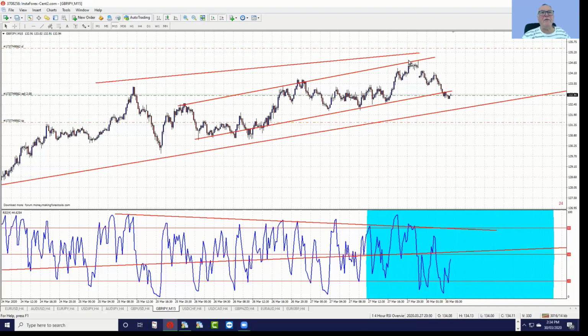But it's very specialized, and you need a lot of confirmation that that's a turning point. The channel line on its own isn't enough; you're going to need horizontal levels, and the RSI is going to have to confirm that there's a divergence. You're going to need a lot of confirmation to have small stops, whereas, as I say, bigger stops give you a lot more freedom and chances of success.